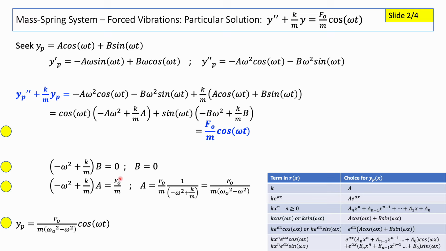Coefficient of cosine should equal the coefficient of cosine. Coefficient of sine should equal 0 because there is no sine there. So this gives you a value for a, f0 by m, omega naught squared minus omega squared. So yp now is a cosine omega t plus b sine omega t, b is 0, so this is our complete yp.